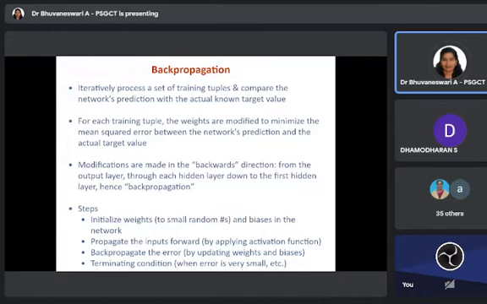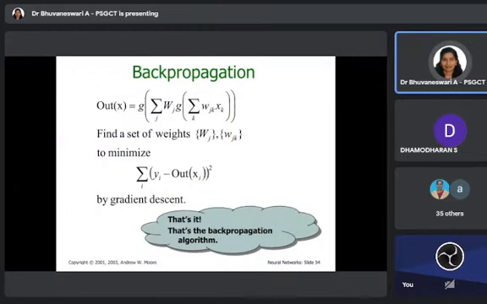This is how you apply the backpropagation function. It's part of gradient descent: for each epoch, for each backpropagation, the gradient descent algorithm will be processed.